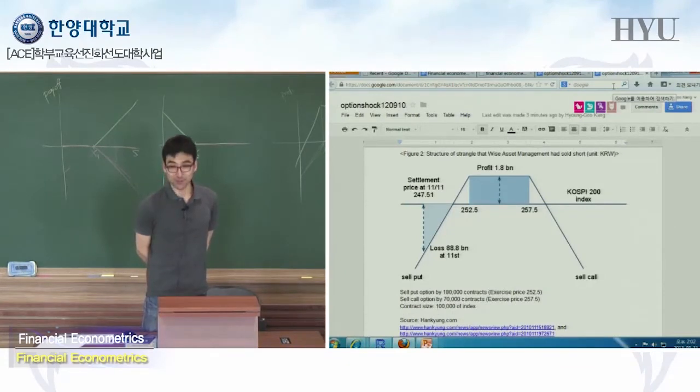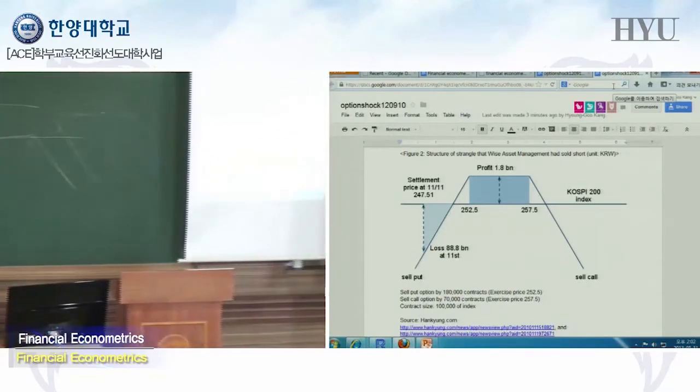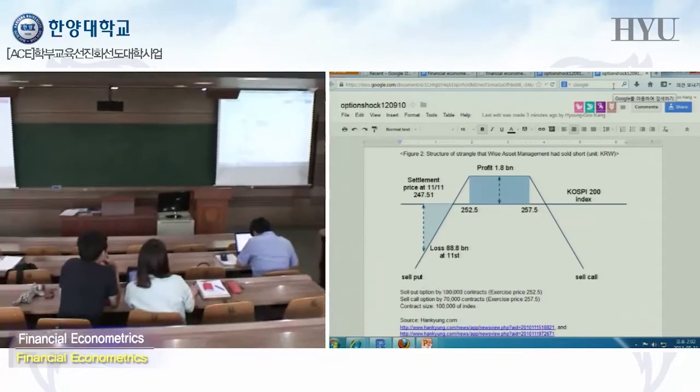Maybe the price is different. I mean, not price different, but I don't know. It is their particular strategy, and if they have a different amount of contracts, then maybe it changes the slope on each side. Okay, and it doesn't matter.